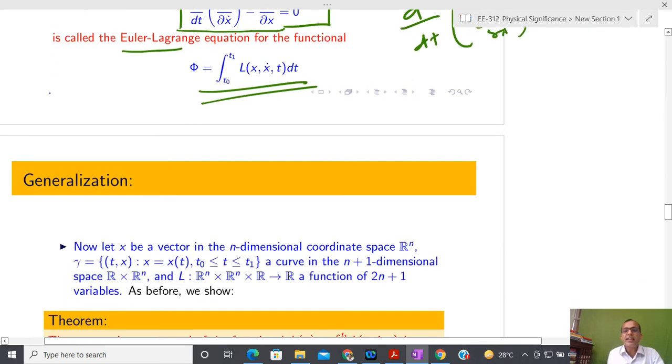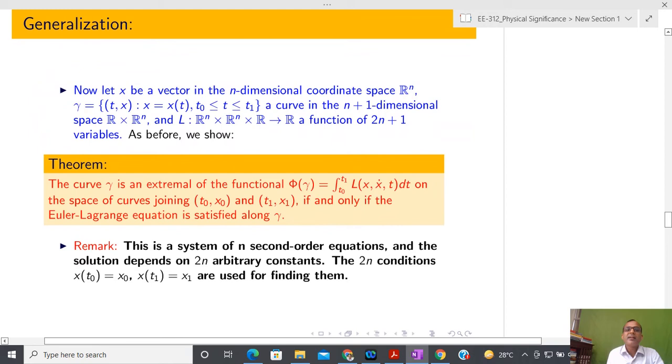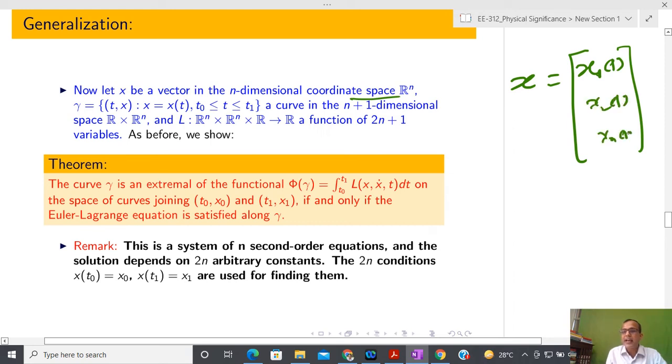Now I can also generalize this. Suppose I am in n-dimensional space, so n-dimensional space means I am in Rn, and here I have x. So the element x is now like functions x1(t), x2(t), up to xn(t). x1 is some function that maps to a real number, x2 is a function that maps to a real number.